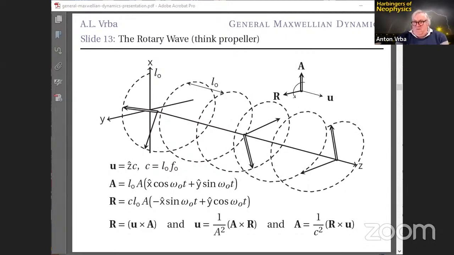In developing E equals mc squared, I put a propeller wave, or this one-dimensional roton, which is also a photon, in superposition with a three-dimensional wave, which propagates in complex space or imaginary space.